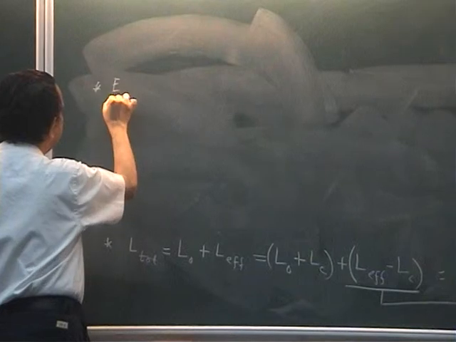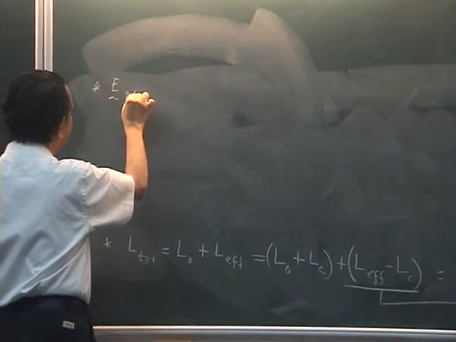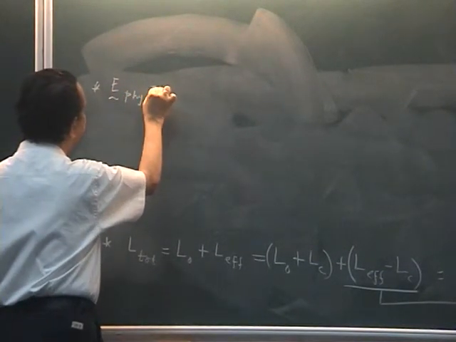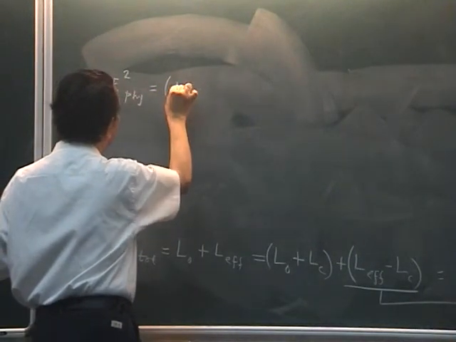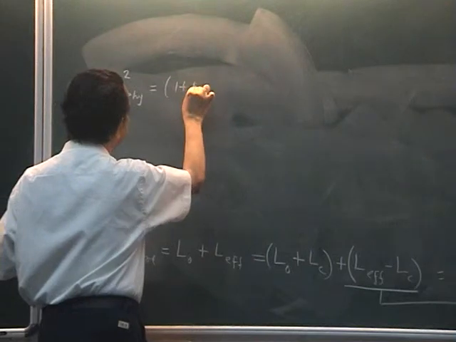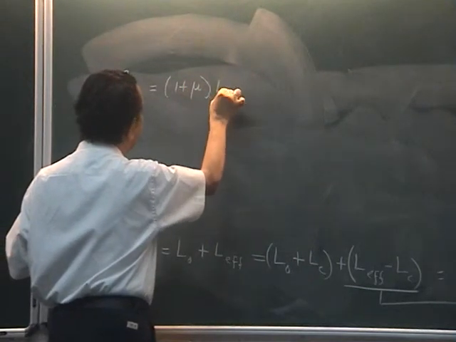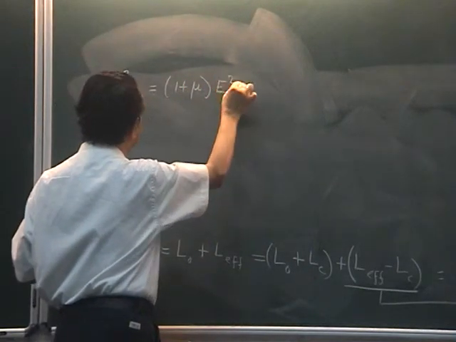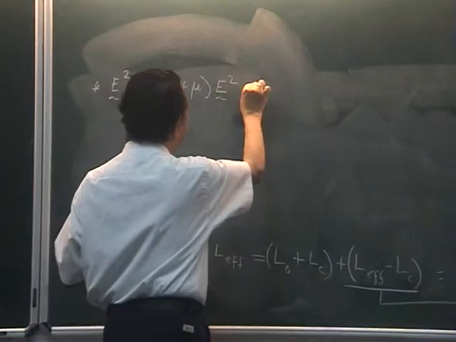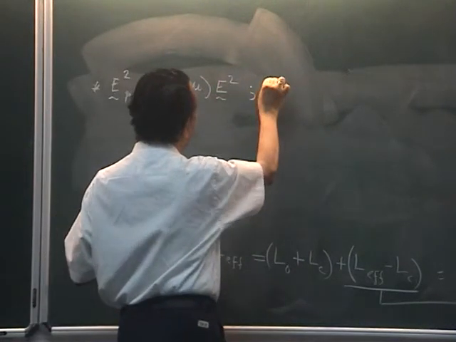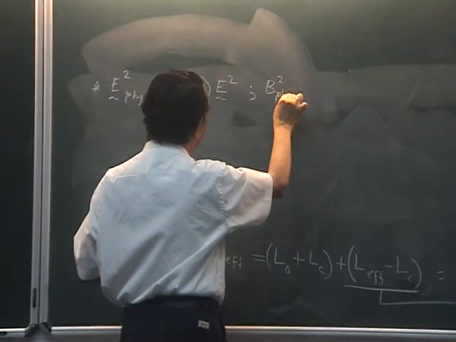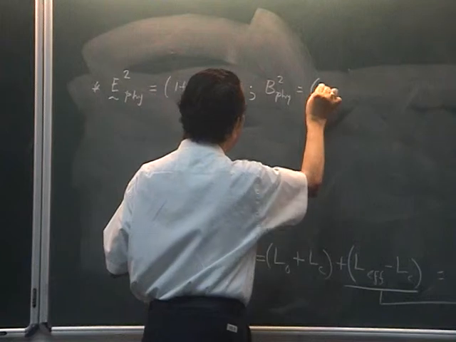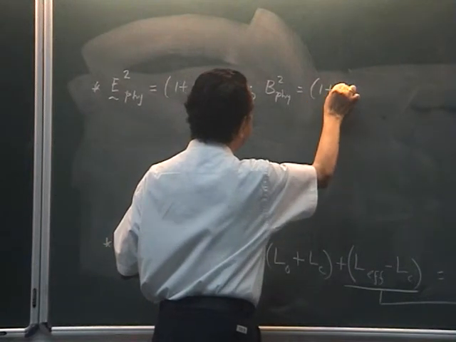This is the observed physical electric field and magnetic field, which we will say is equal to, or E square physical is equal to 1 plus mu times the original E square, and similarly B square physical is 1 plus mu times B square.